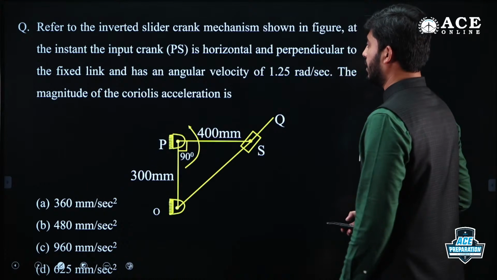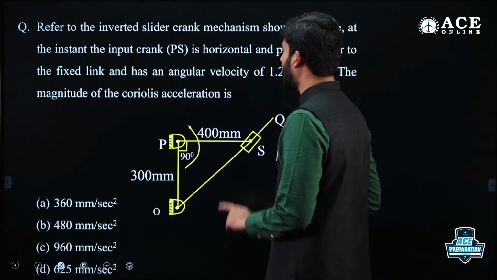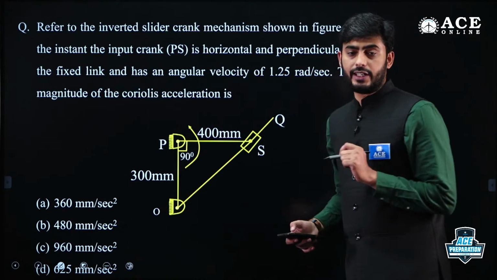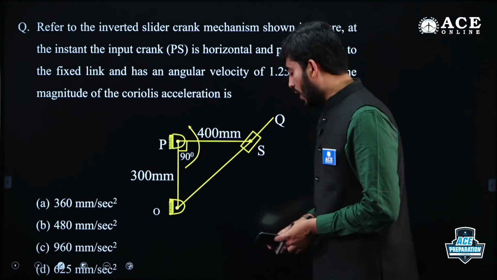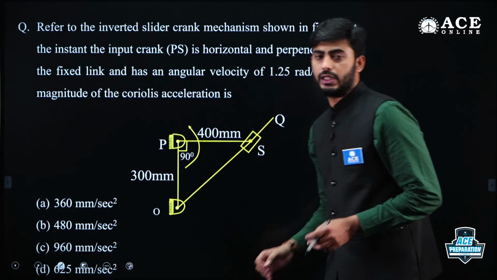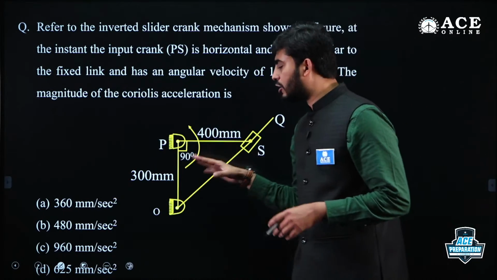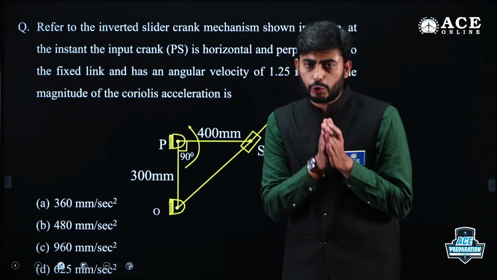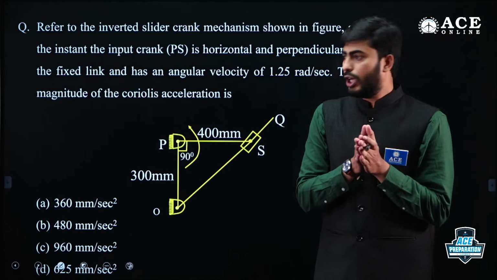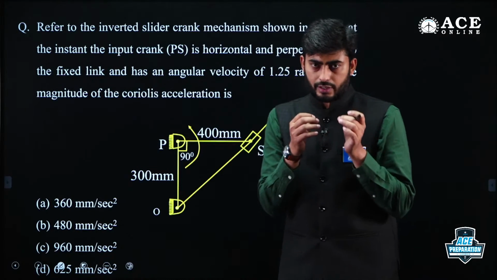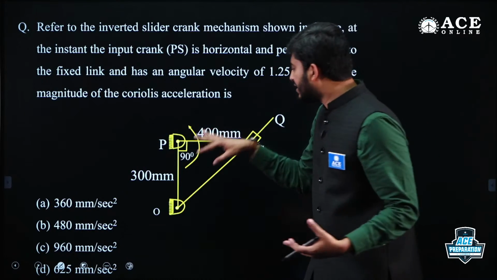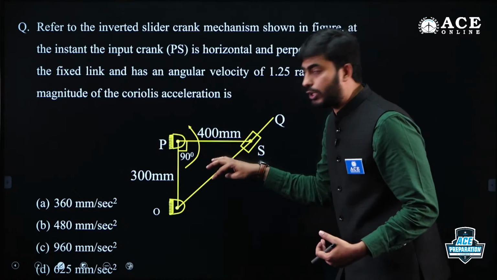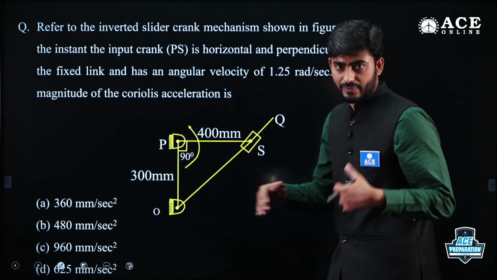Yes, this is a question from the crank slotted lever mechanism. One more thing, guys: the configuration of the mechanism will be given to you in such a way that you will be able to use trigonometric ratios, that is sin, tan and cos, easily, and get the remaining angles very easily.